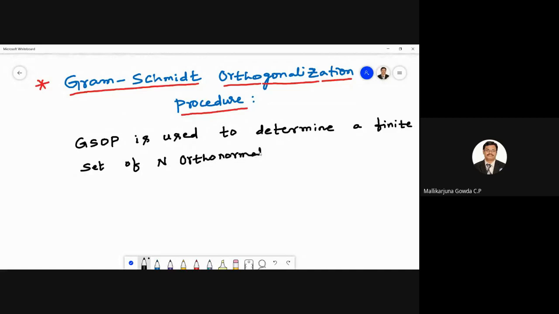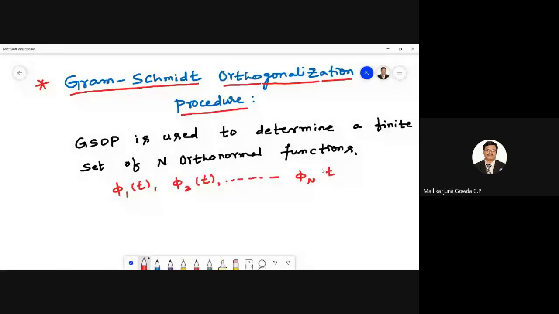So the aim of this Gram-Schmidt procedure is to determine the finite set of n orthonormal functions. What are those orthonormal functions? We all know it is phi 1 of t, phi 2 of t, and so on up to phi n of t.